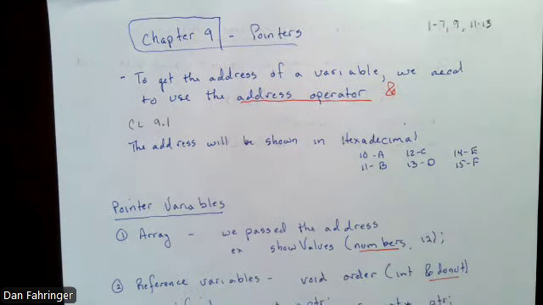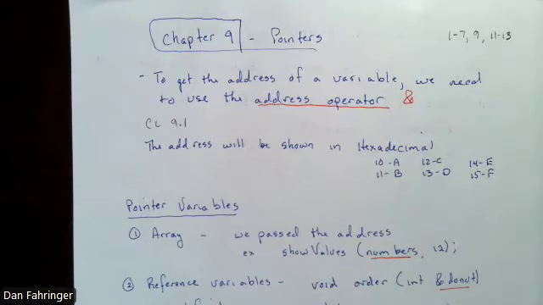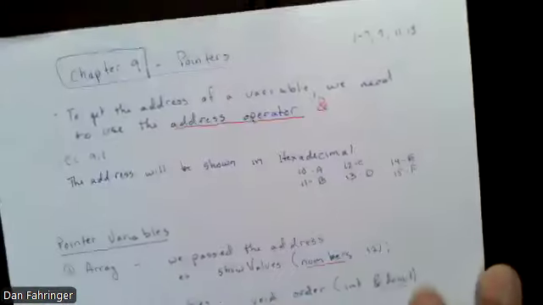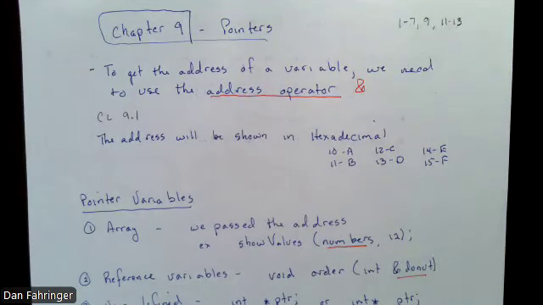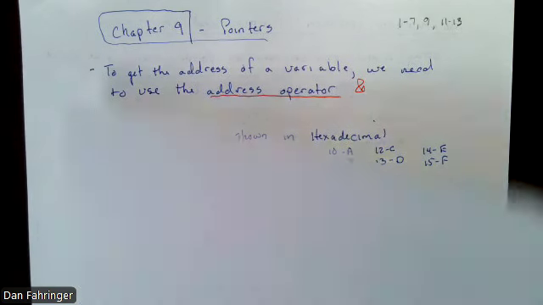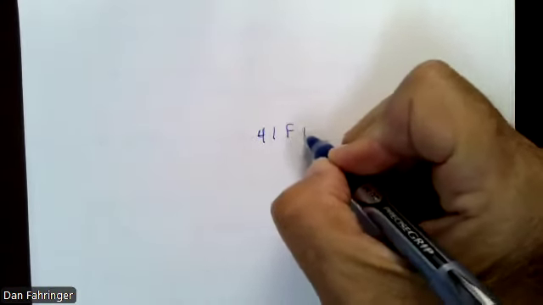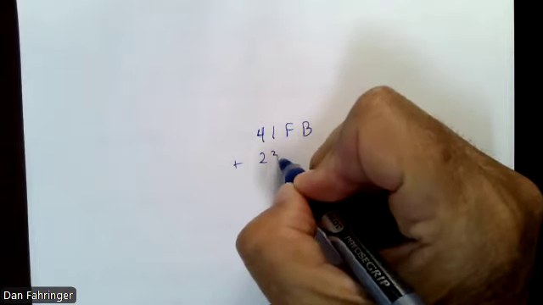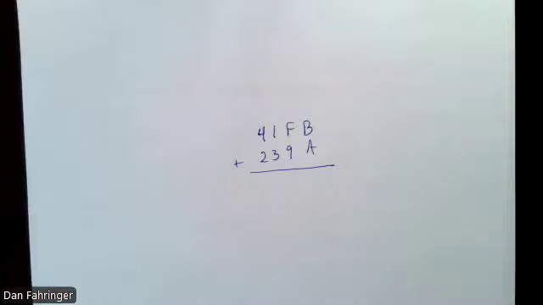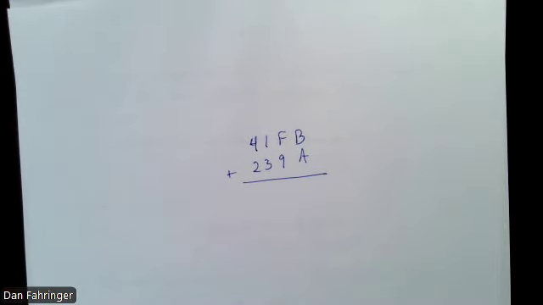When we've seen it, it may have popped up once or twice in a code listing. We may have seen crazy numbers, being hexadecimal. We don't get into a lot of studying with hexadecimal. You've seen it before. Some of you are going to get into my 230 if I teach it again, and all of a sudden I'm going to say, okay, 41FB plus 239A. Can you add those together? Can you work with hexadecimal?